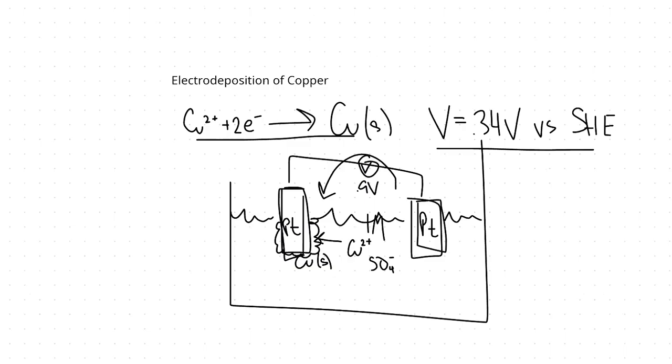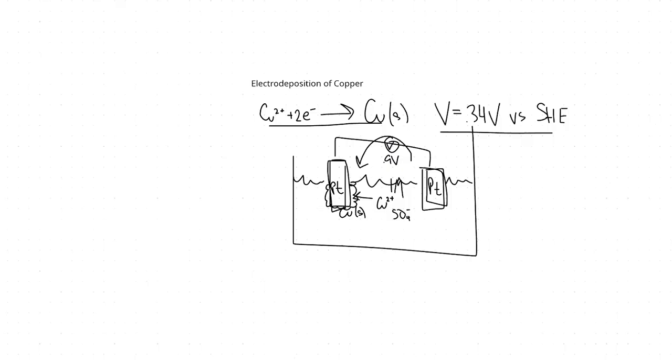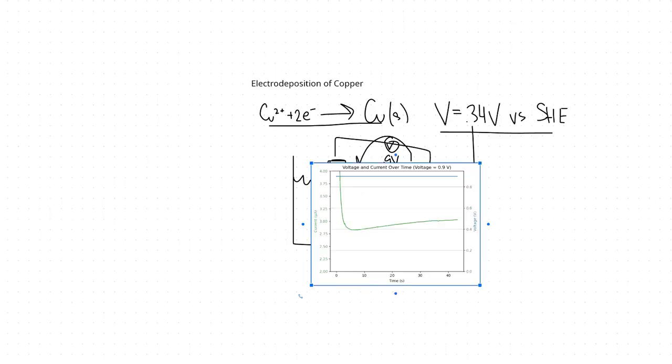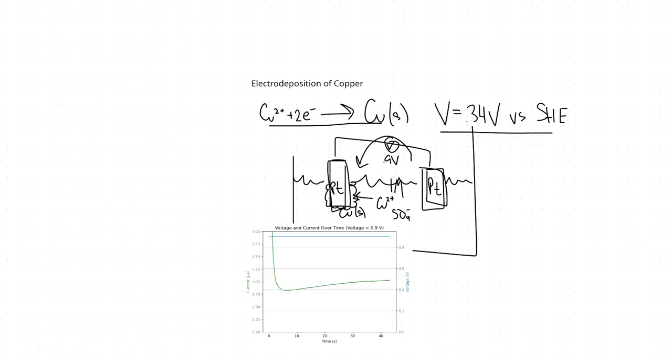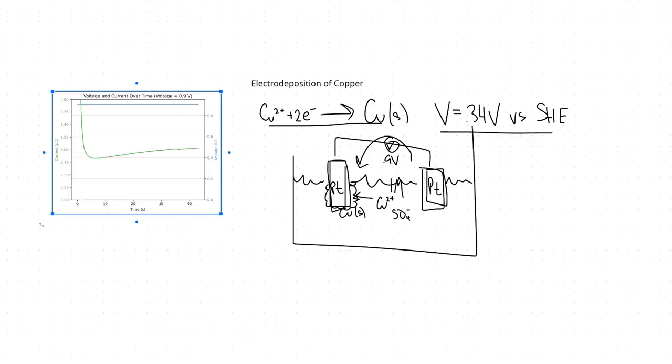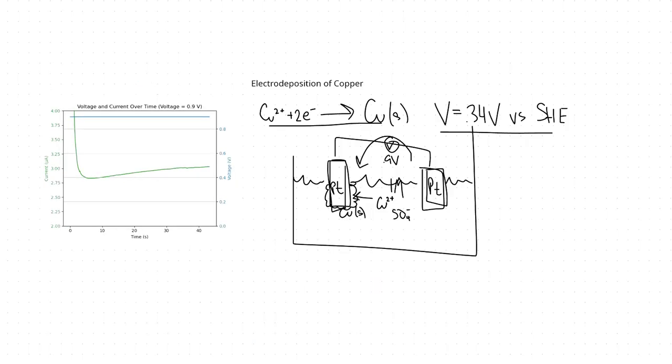And let's say we run this reaction, what happens? Well, I've done this exact experiment before, and I can actually share the results that you would see. This is real data that I collected after running this experiment. And I'll show you an image as well.